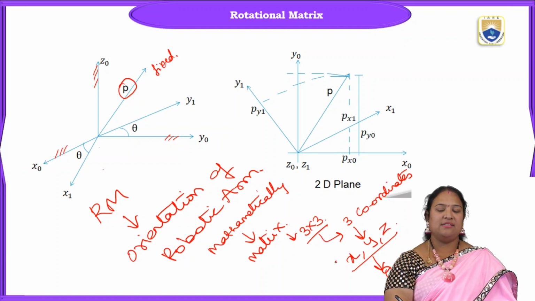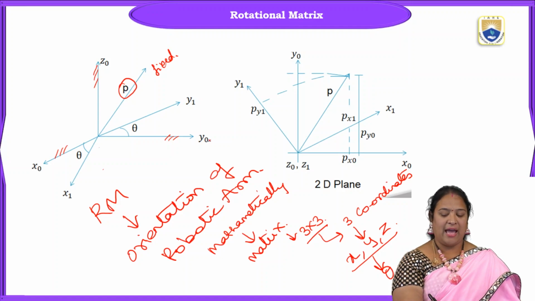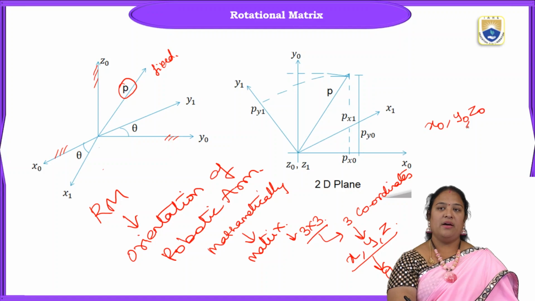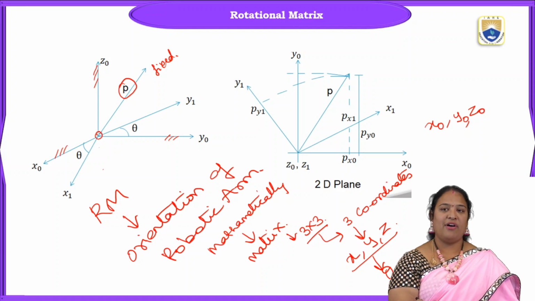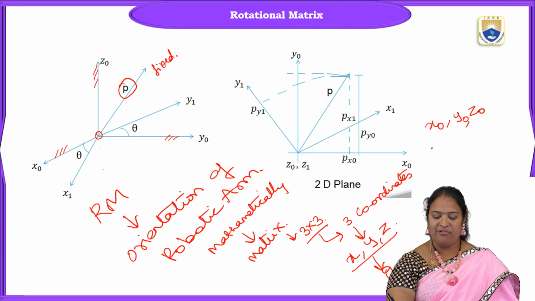This vector P is fixed to the axes x, y and z, and its movement depends upon the rotation of the rigid axes x0, y0 and z0 in terms of x1, y1 and z1.